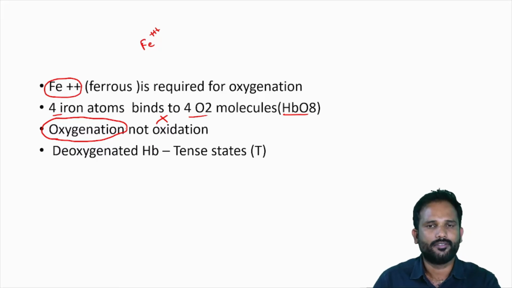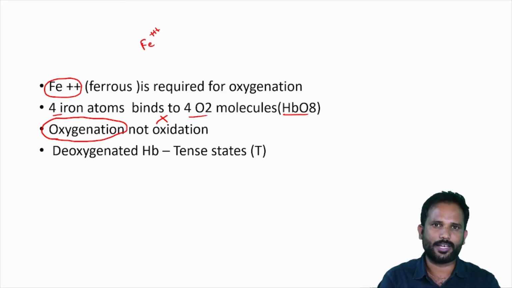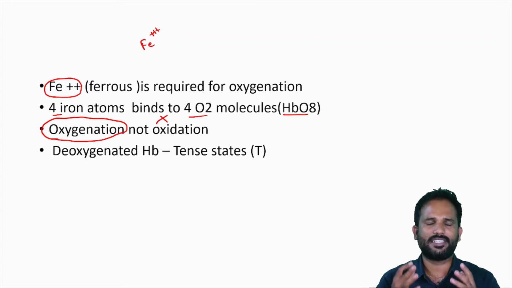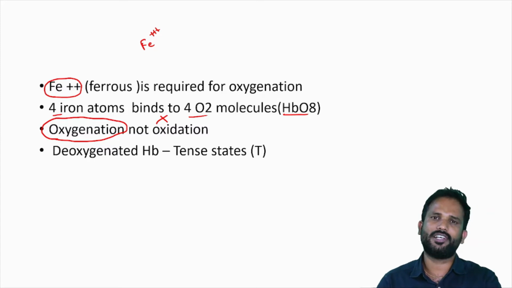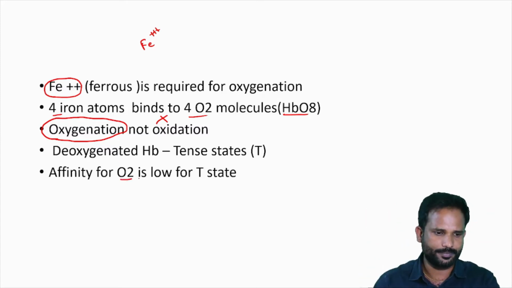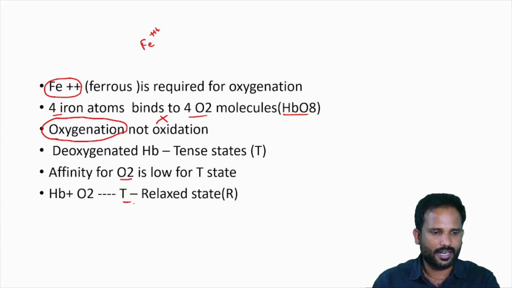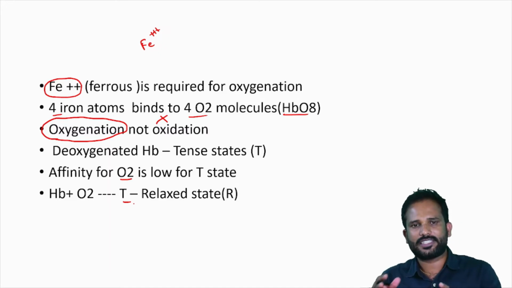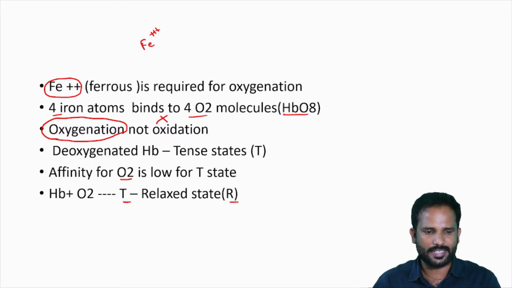And when we take the structure of the hemoglobin, deoxygenated hemoglobin will be having a form called the tense form, where it is having less affinity for oxygen. Whereas if it bonds to an oxygen molecule, the tense form slowly changes into a relaxed state called R state.